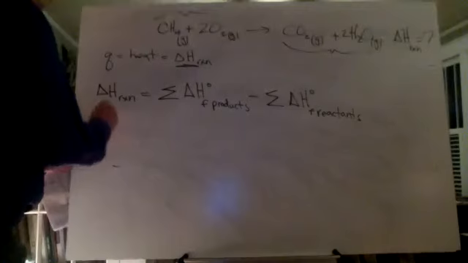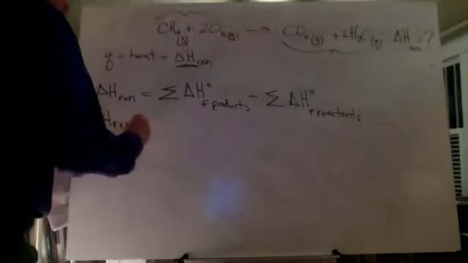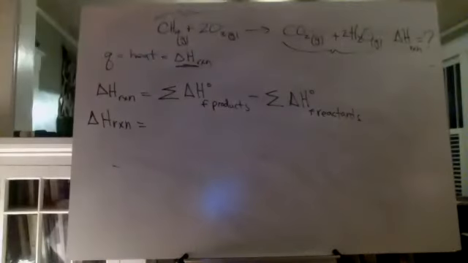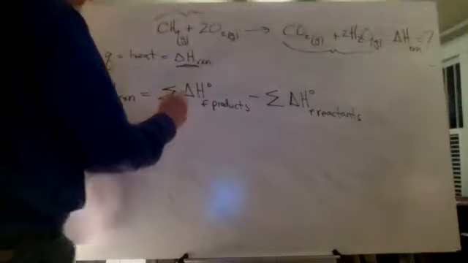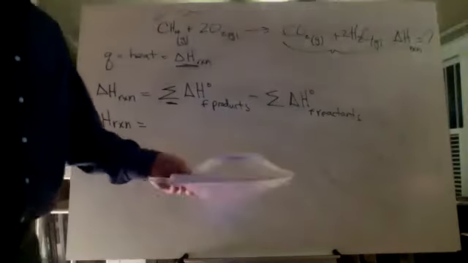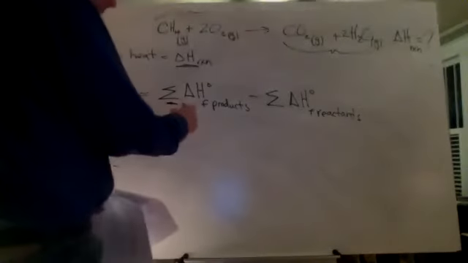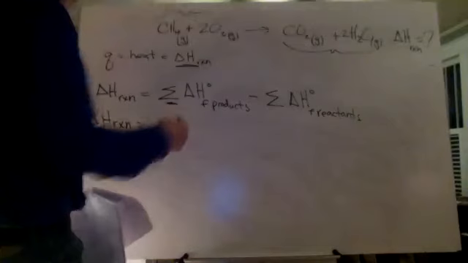So delta H of the reaction is, what are our products? Our products are 1 mole of carbon dioxide and 2 moles of water. So for the summation, and this is the Greek letter sigma, which means add up everything that follows, what follows are the heats of formation of the products.